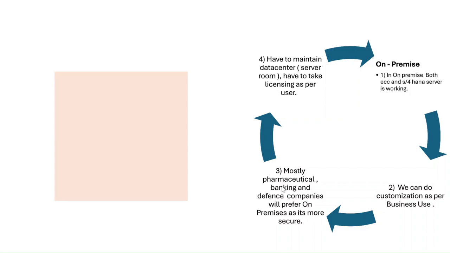Mostly, it's not that on premises will disappear, no, on premises will never disappear. Pharmaceutical, banking or defense companies will prefer on premises, as it's more secure, because all data and all security belong to the client only, so they have full control of that.